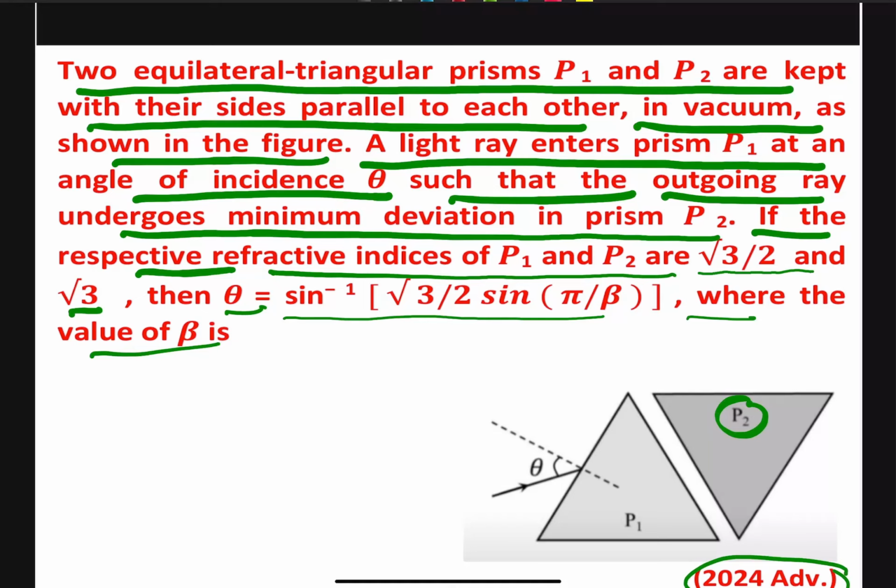So here we can just draw an approximate figure, and this is, let us suppose, bends like this, and we have a normal here, and it bends and goes like this, and here also a normal, and in this P2 it has to be parallel with the base, and then normal, and it will be bending like this. Okay. So let us call this P, this Q, this R, and we have S, and this is T, and that is our U.